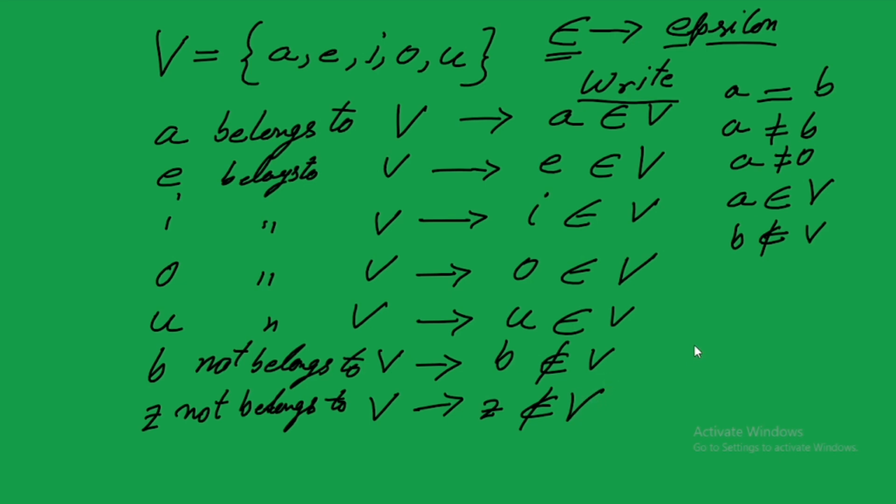Simple. I hope all the things are clear to all of you. In this first chapter, we especially use this method, and we have to know that there are two methods of representation of sets.